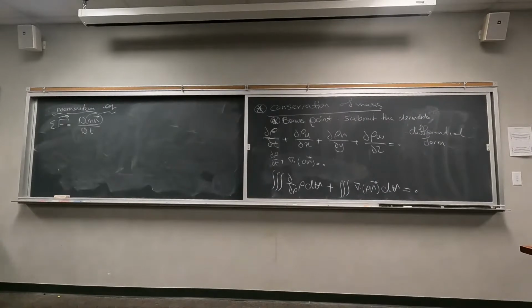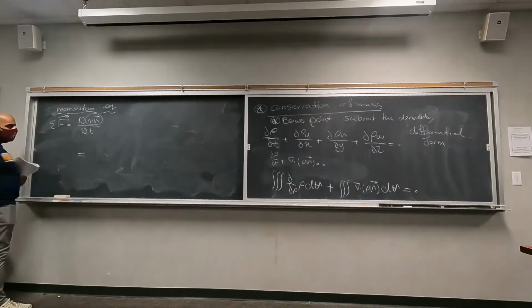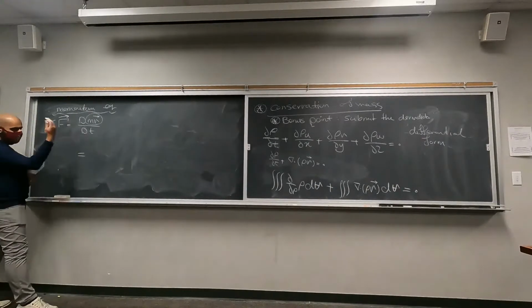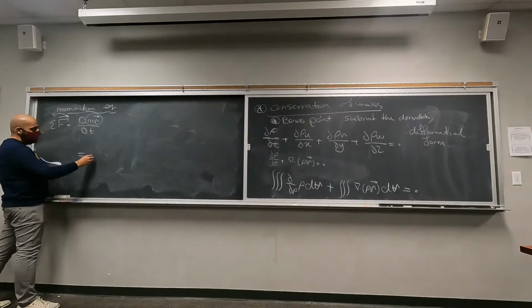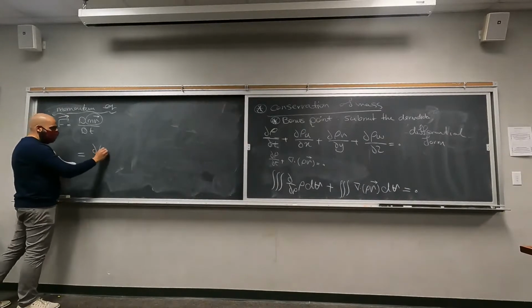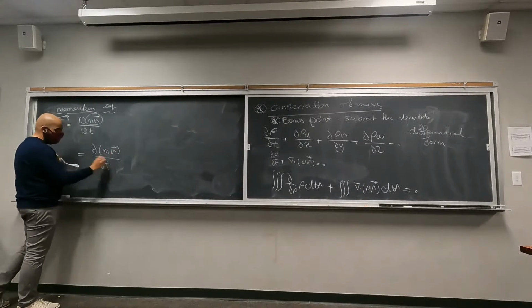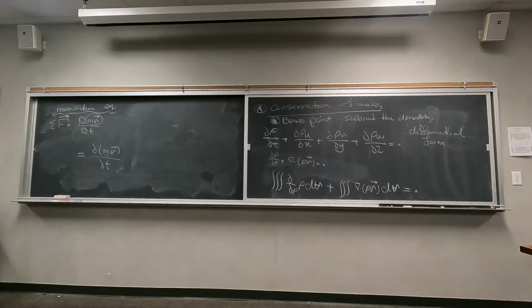Okay. So based on the definition we have had, what is going to be this total derivative with respect to time? The total derivative is always with respect to time. So it's going to be partial mv partial t, right?